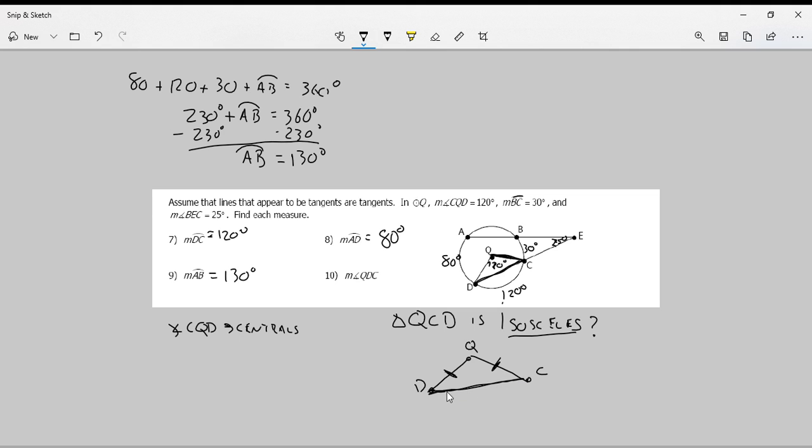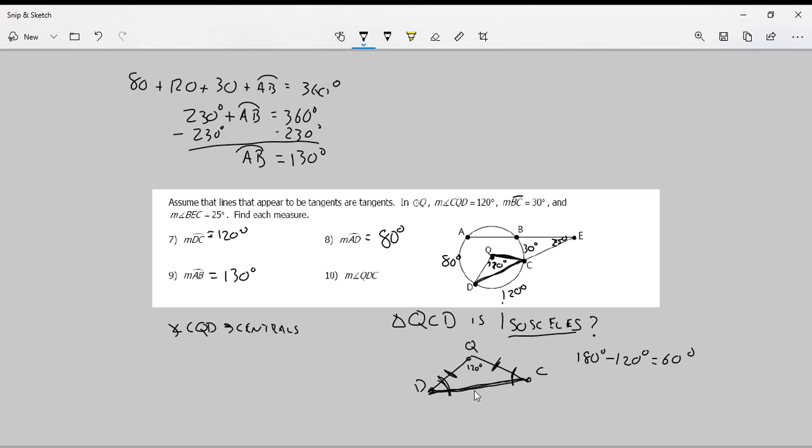If you remember, the two base angles are also congruent. So again, we have to dig back a few months to when we were talking about isosceles triangles. Well, if this is 120, and I have 180 degrees in the whole triangle, 180 minus the 120 is 60 degrees.